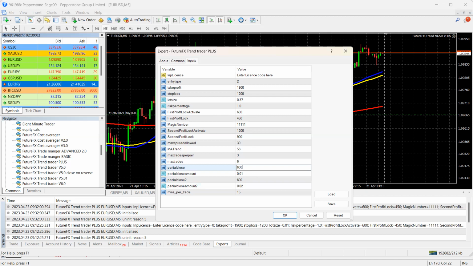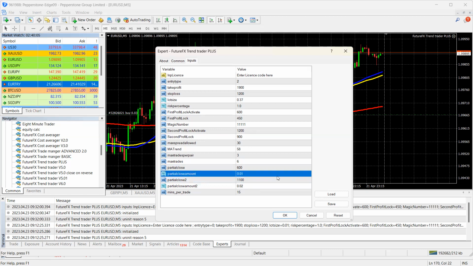So we'll set it at 600 and get it to close out 0.01, possibly a bit more than that, depending on your lot size. And then my second partial close, I like to be either the same as the second profit lock or slightly less or slightly more. This is a pretty high profit lock, so I would probably maybe set it at 1100 and then it will close out a little bit more there.